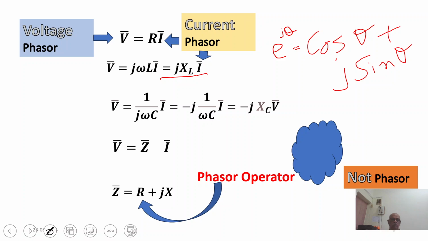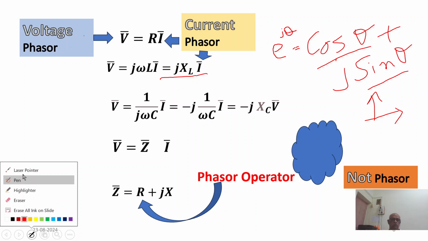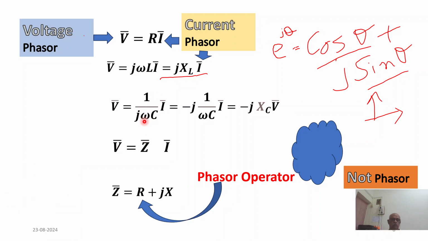If you try to understand the cos and sine, the two are actually displaced by an angle of 90 degrees. So the voltage for the inductance is given by this, and here we can see that V is the current phasor multiplied by j, so j makes a 90-degree phase lag.